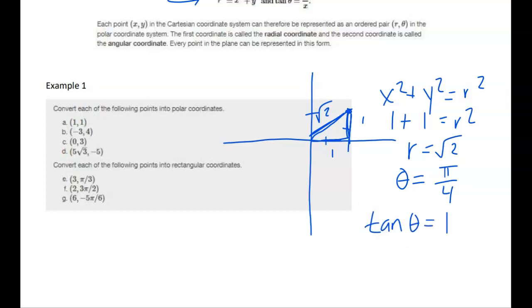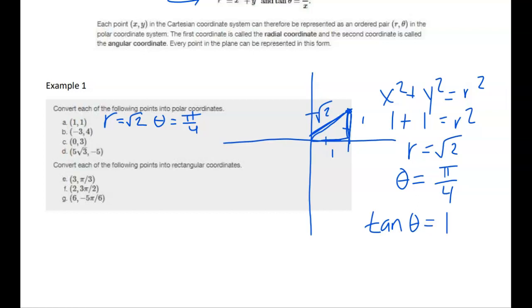And then use arc tangent in order to find that. So we say that r is square root of 2 and theta is pi over 4. And that is how we're going to figure out where this point is in polar coordinates.